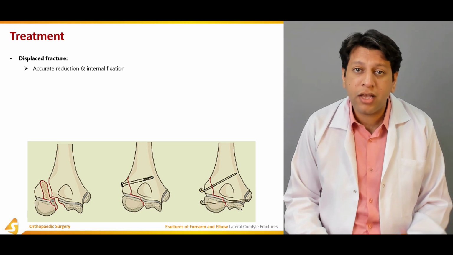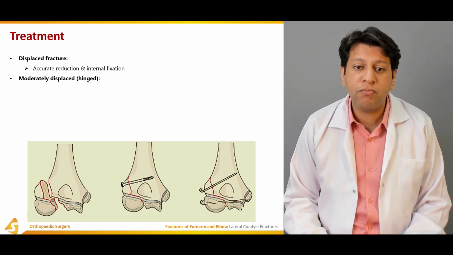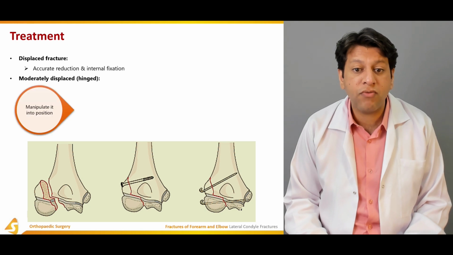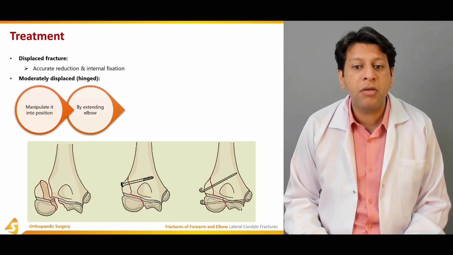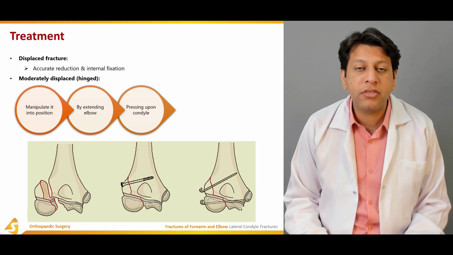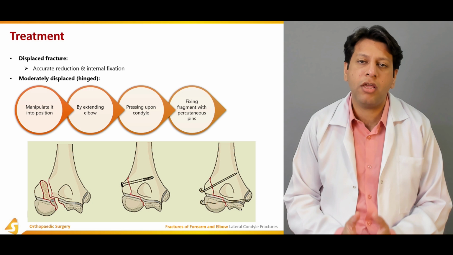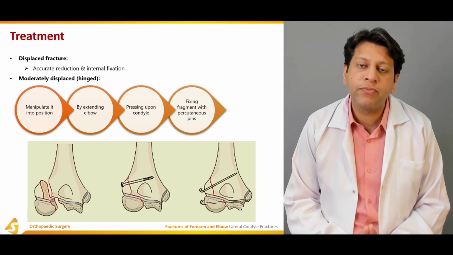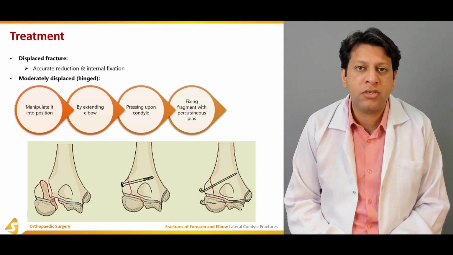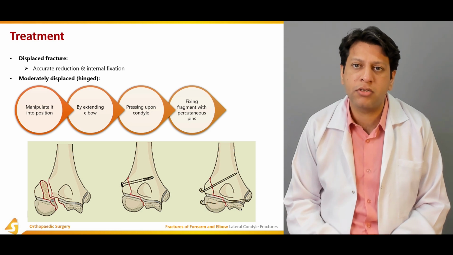The reduction has to be initially closed. If moderately displaced or hinged, then we can manipulate it into position by extending the elbow, pressing upon the condyle, and fixing the fragment with a percutaneous pin. That is, if it's Weiss type 2, then we go for closed reduction internal fixation with percutaneous pins.